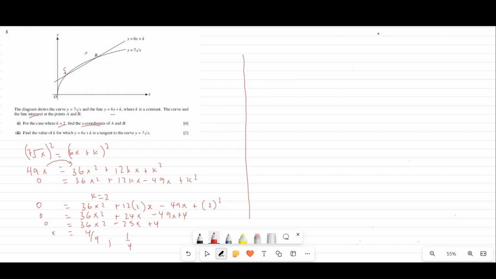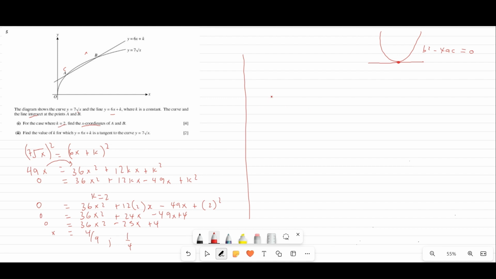We need to know this fact: whenever a straight line is a tangent to a curve, it means we only have one solution at the point where the tangent happens. So our discriminant, b squared minus 4ac, will be equal to 0 because we only have one solution at that point.